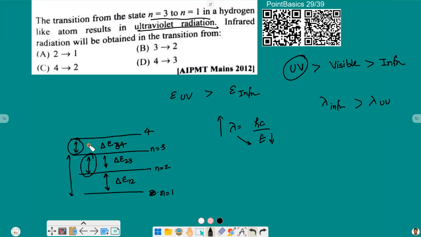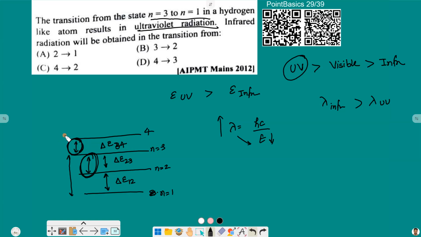Why? Because here we cannot guarantee that the energy difference has reduced enough to fall in the infrared, but here we can surely say that these levels have such a low energy difference that they will give us infrared.